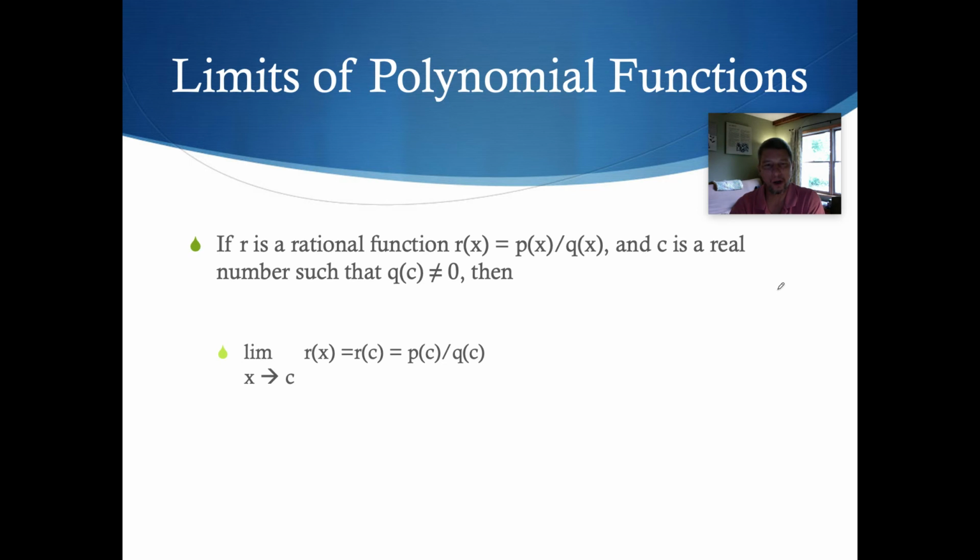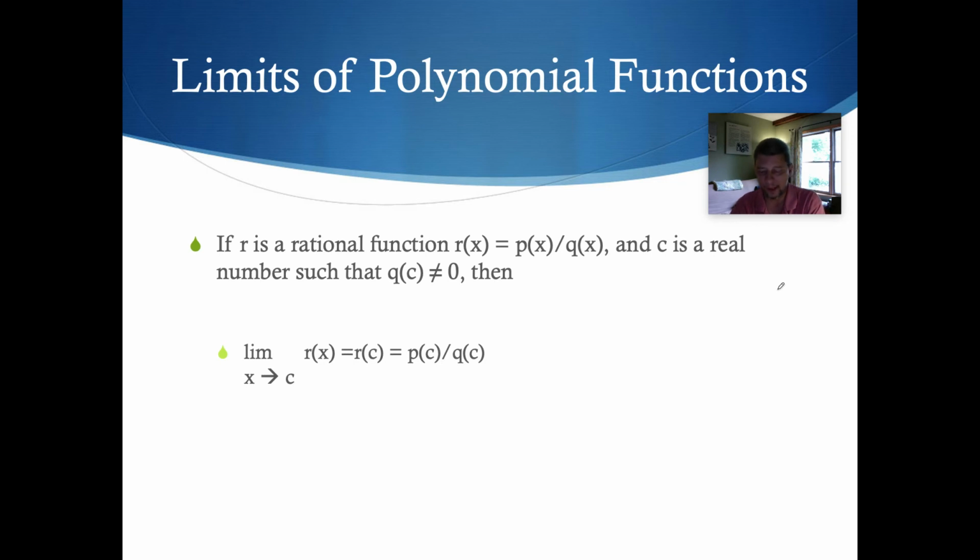So if r is a rational function r of x, which is equal to the quotient of p of x over q of x, and c is a real number such that q of c is not equal to 0, because again, you don't want a 0 in the denominator of the function because it makes it an undefined term. If that's the case, then the limit as x approaches c of r of x equals r of c, which equals p of c over q of c.